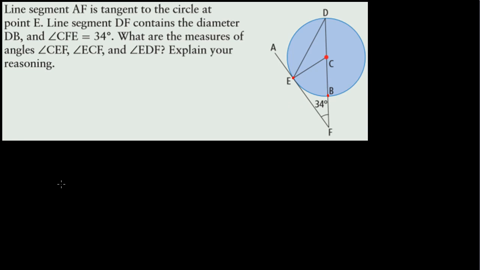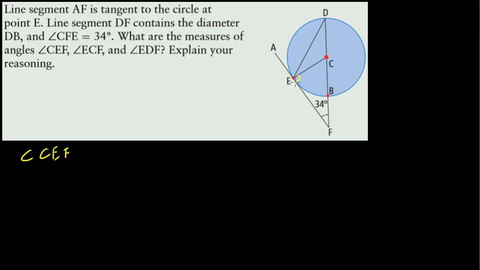Explain your reasoning. Let's go ahead and start thinking about this. Angle CEF. Well, I know that since EC is a radius here, the point of tangency is going to have to intersect at 90 degrees. That's one of our laws that we learned about in this unit.